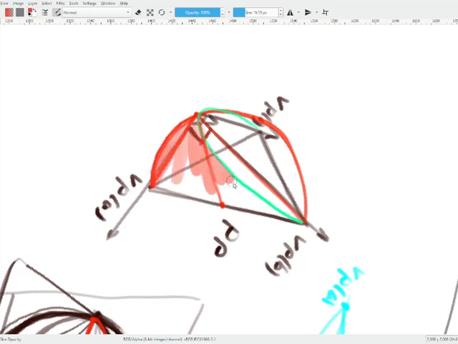Let's paint it with some solid color. And this half circle is the continuation of the half circle. And this is a visible part of another half circle, which passes through.